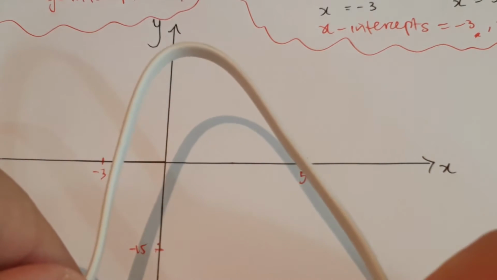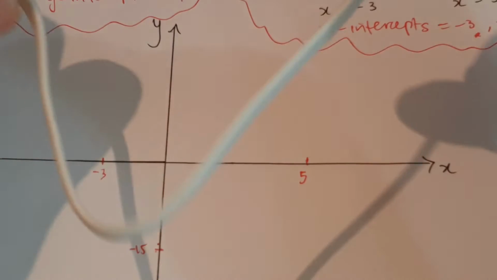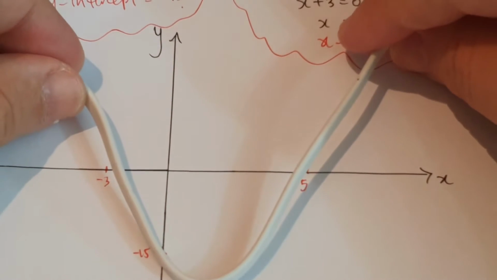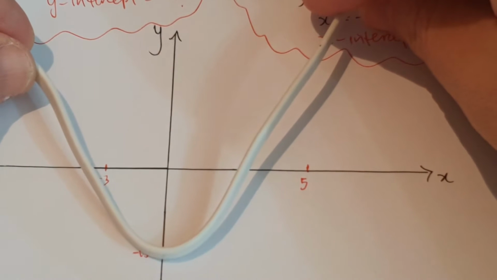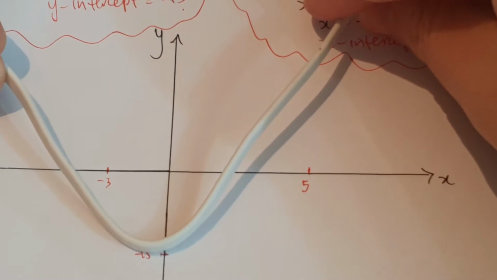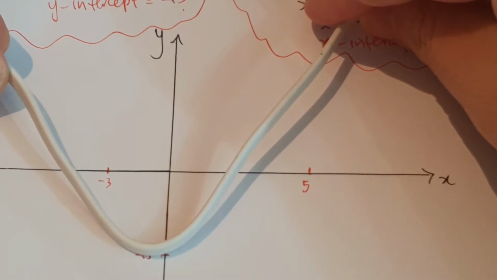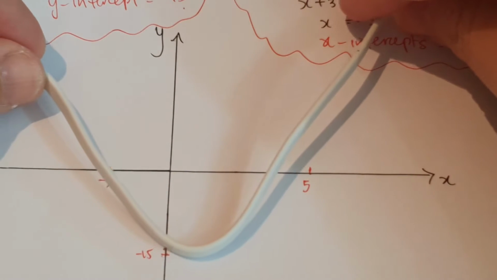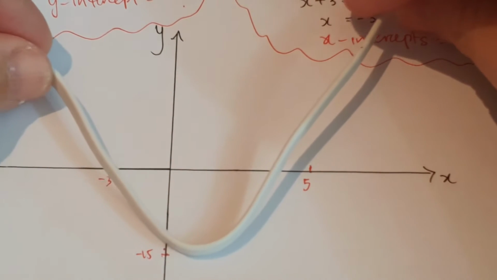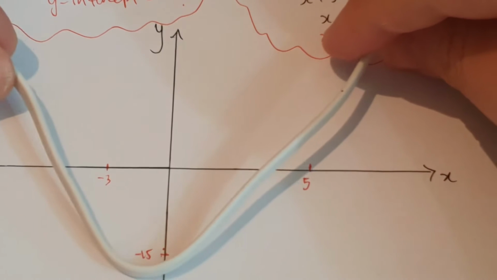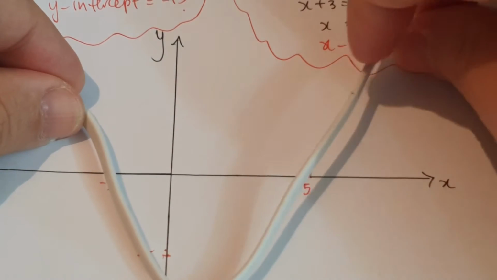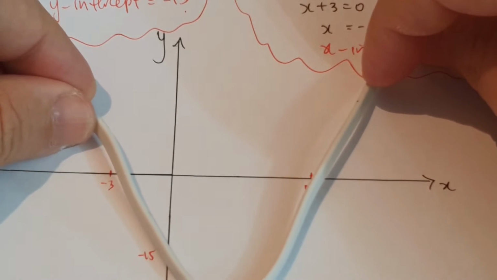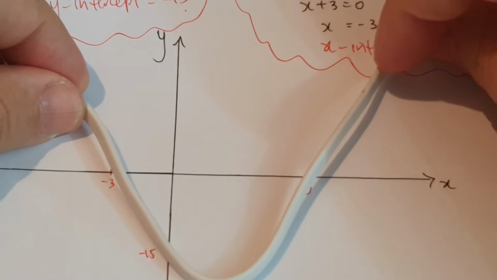That would be a sad face. So as you can see, we know that it's a happy face, and we know that the minimum point is not here, okay? But it is actually more shifted to the right. Okay, so this is how the graph is going to look like. Okay, more to the right.